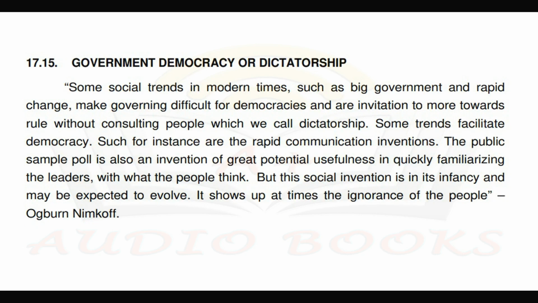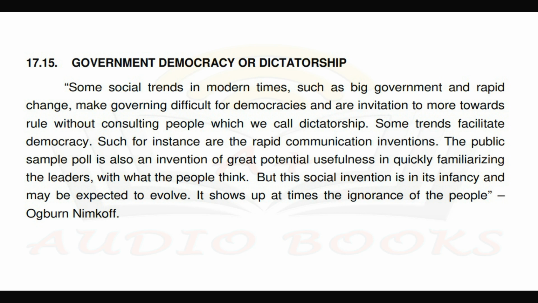Government: democracy or dictatorship. Some social trends in modern times, such as big government and rapid change, make governing difficult for democracies and are an invitation to move towards rule without consulting people, which we call dictatorship. Some trends facilitate democracy.